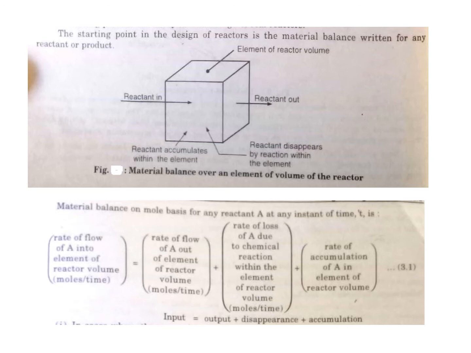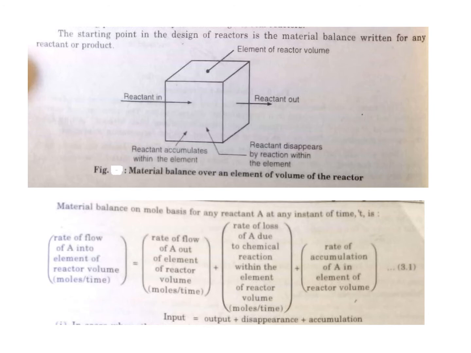This is a cubic form of the volume of the reactor. In this diagram, we see the reactant entering as feed into this reactor element, and the reactant leaving from the other face of this elemental volume of the reactor.